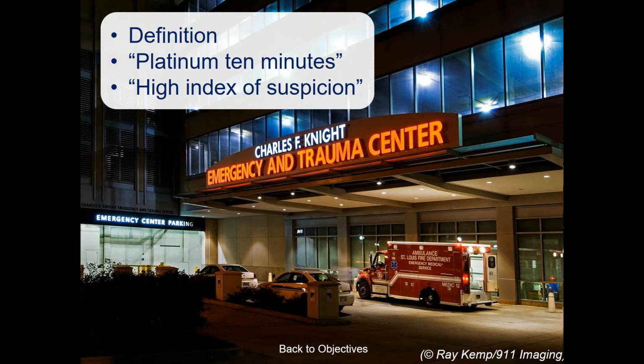But since I know what force was applied to this patient and what actual bits and pieces live inside of that area, then I should just suspect that those are injured and treat my patient based on my worst suspicion, which is going to be my high index of suspicion.